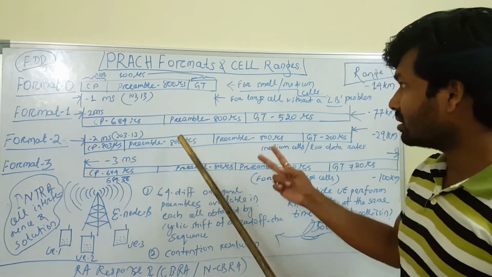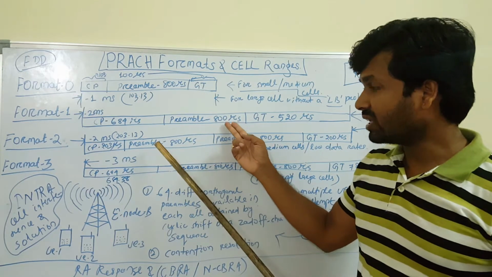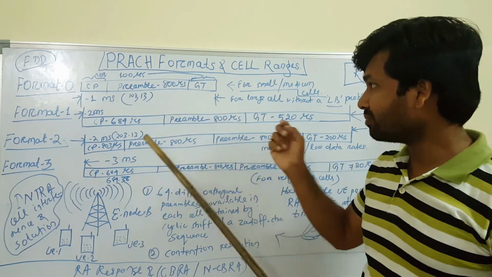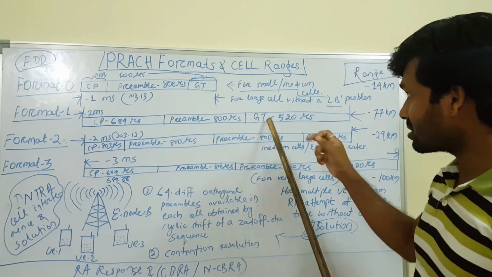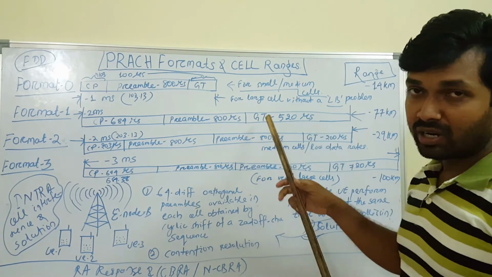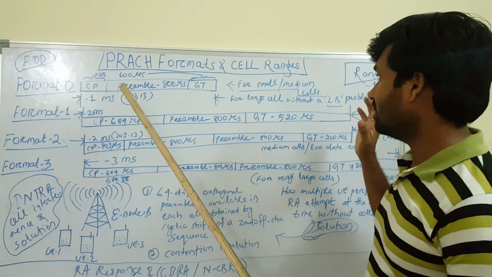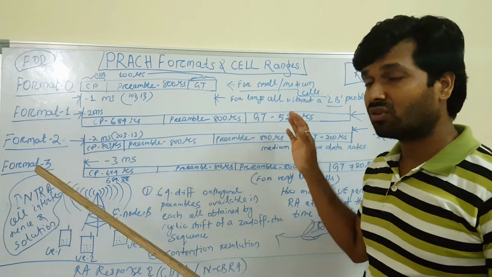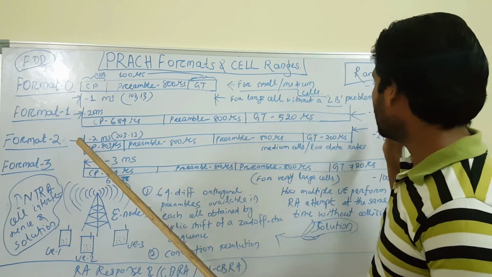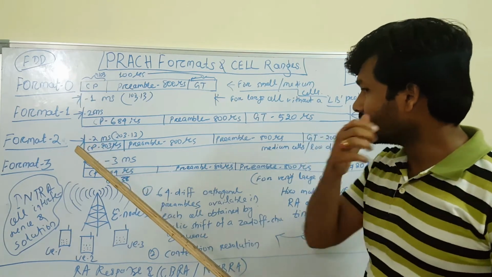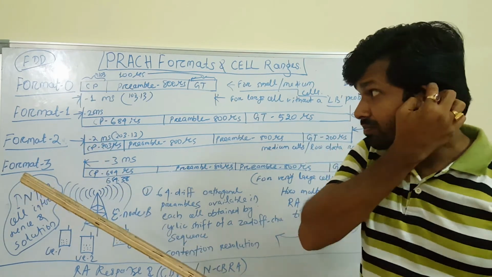The preamble consists of 800 microseconds, again the same, and the guard time is 520 microseconds. So that's format 1, which is used for large cells up to 77 kilometers without a link budget problem.